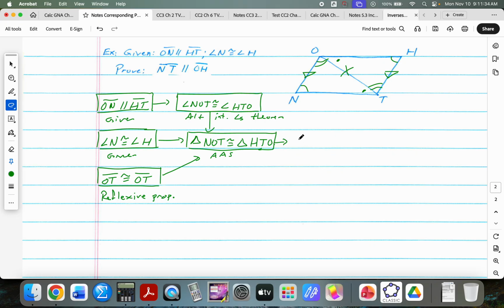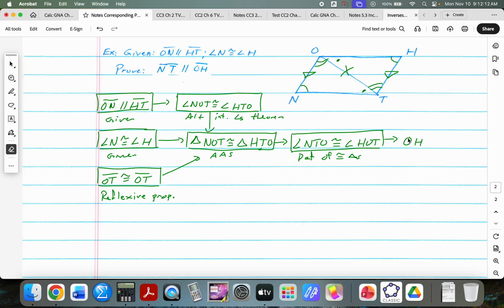If all that's true, then by the definition of congruent triangles, angle NTO is congruent to angle HOT, by the definition of congruent triangles, and if those two angles are congruent, then let me write it the way that they did.